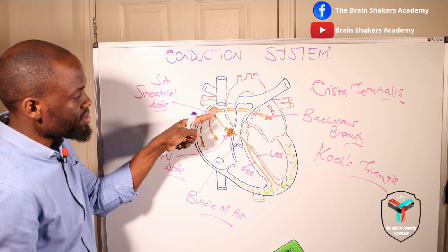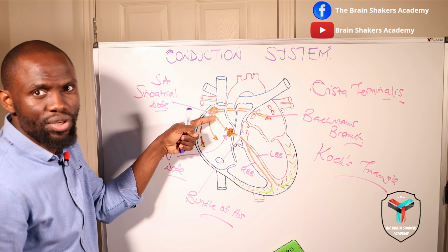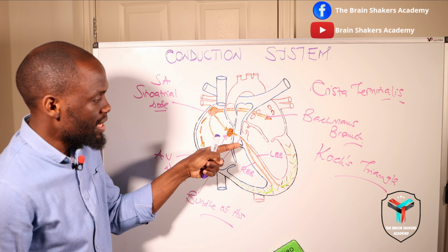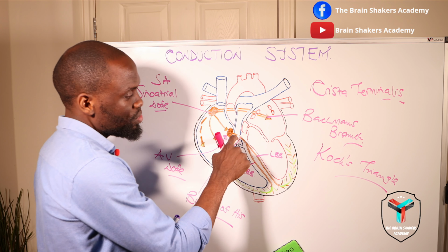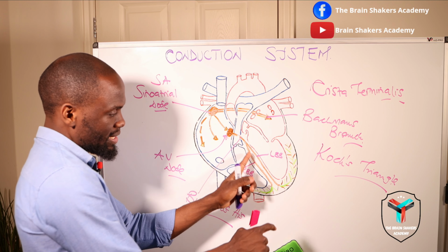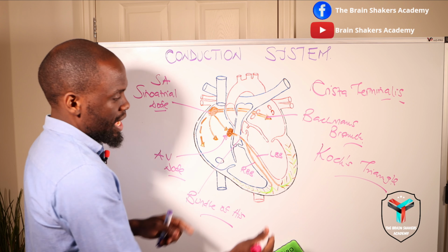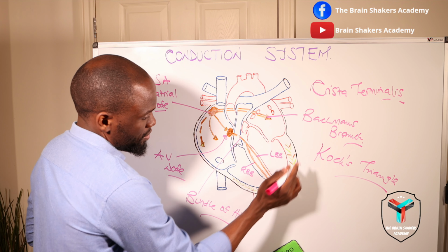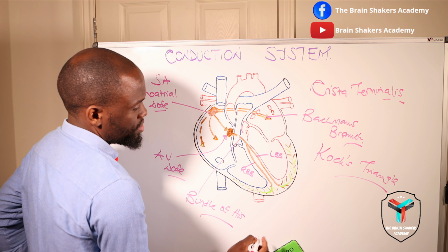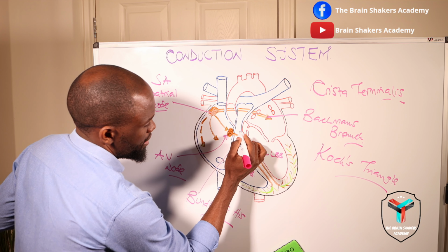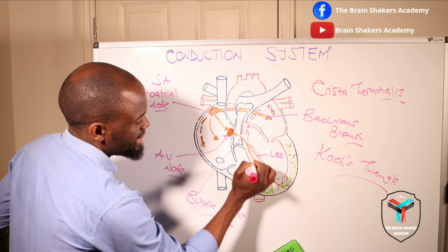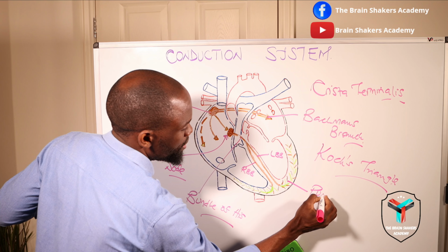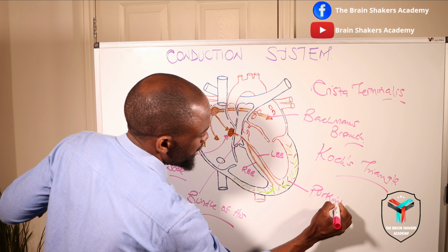So when the action potential has been generated from the sinoatrial node, it is passed to the atrioventricular node, passes through the bundle of His, and then gets to the left bundle branch and the right bundle branch. And the tributaries emanating from those branches are what we call the Purkinje fibers.